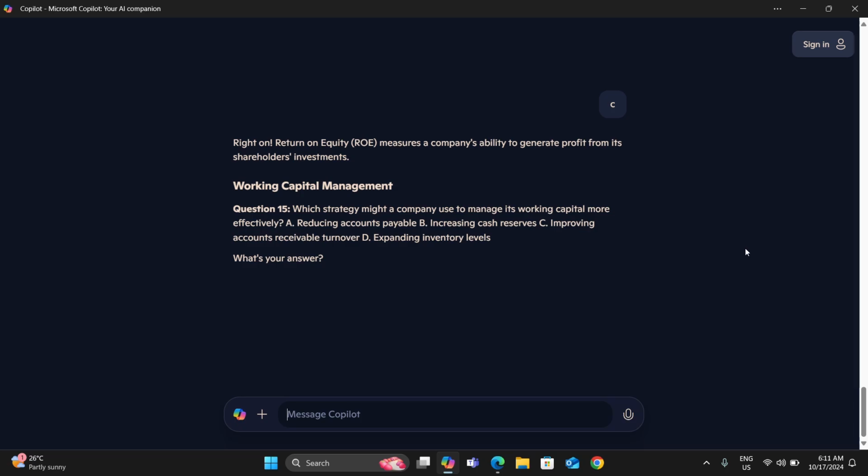So, reducing accounts payable, I don't think that's really a perfect answer, because we're talking about using the working capital more effectively.